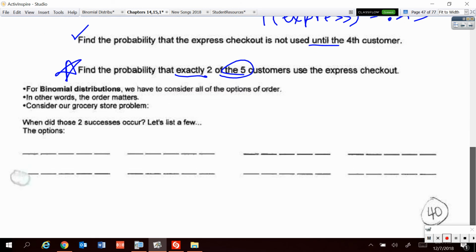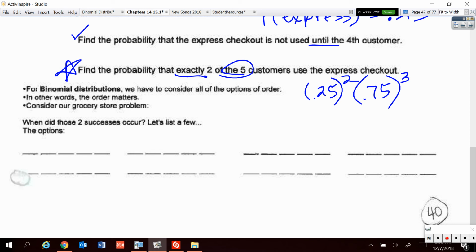So let's do this. How do you think you would mathematically compute that, saying that we had 2 successes out of the 5? Try that. What math would you come up with for that? Hopefully you were just thinking, okay, I got to have 2 successes and 3 not going through that.